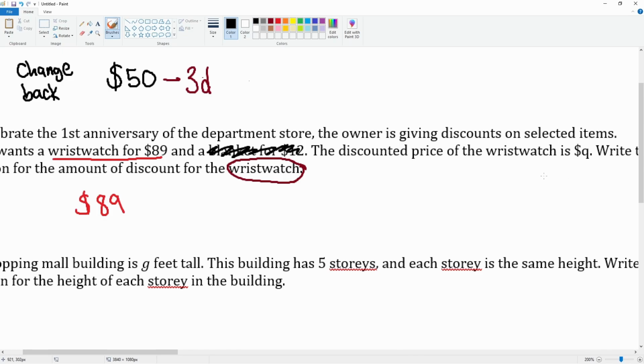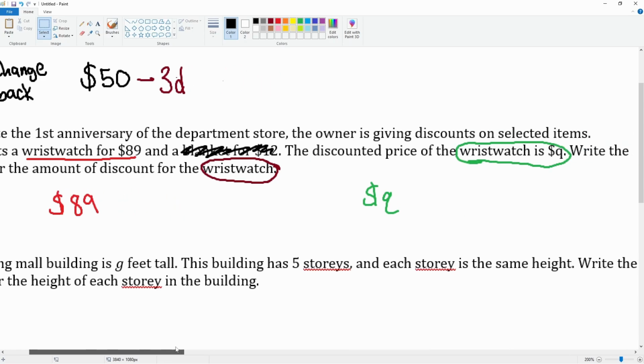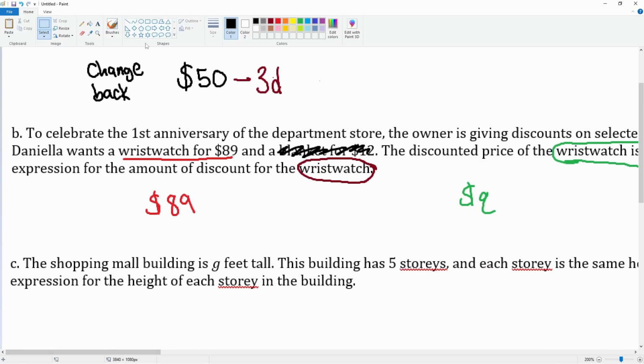We want the discounted price as Q dollars, so that is very important here. We're trying to find the expression, the amount of discount. So we want to see, write the expression for the amount of the discount.